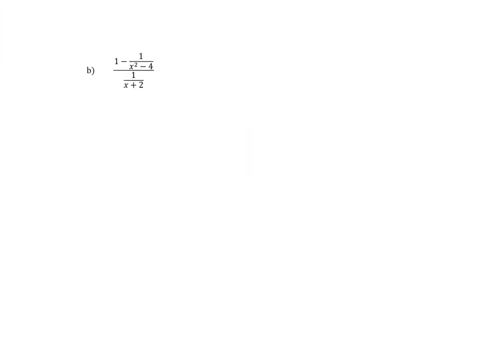So in example B, we have 1 minus 1 over x squared minus 4, over 1 over x plus 2. Again, a complex fraction. We want to simplify this. I'm going to multiply by the LCD, but in order to do that, I want to make sure that everything is factored.